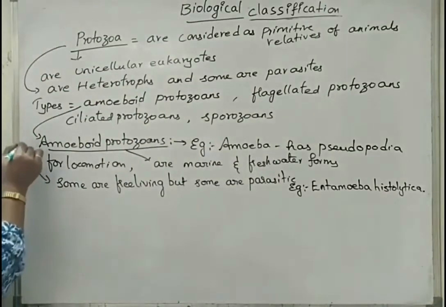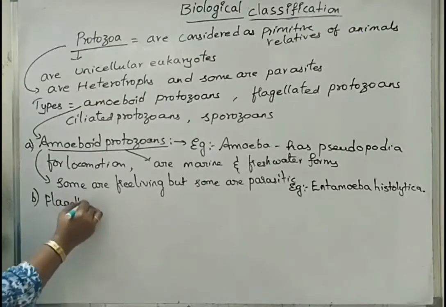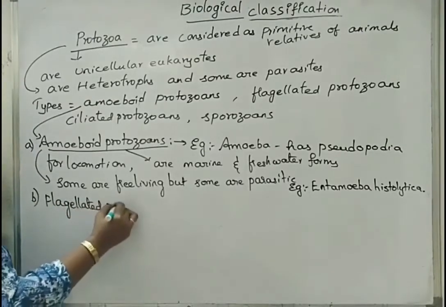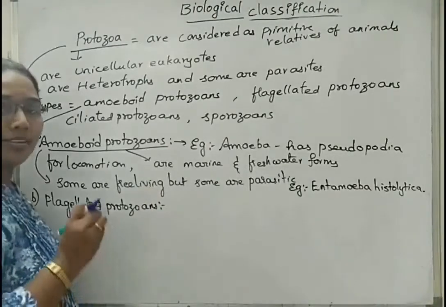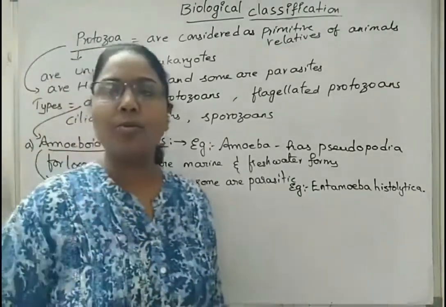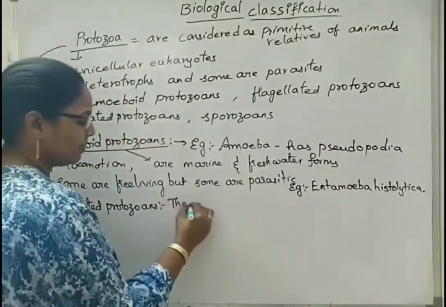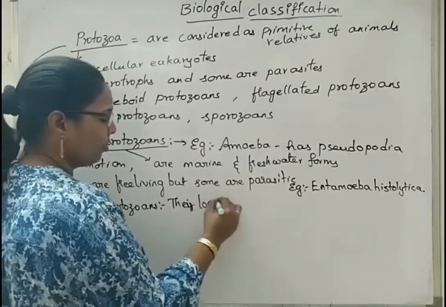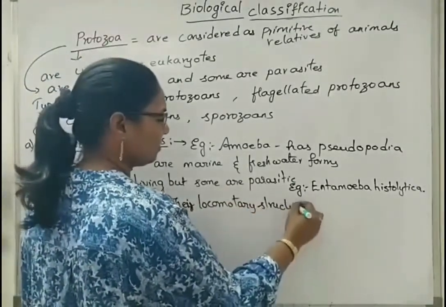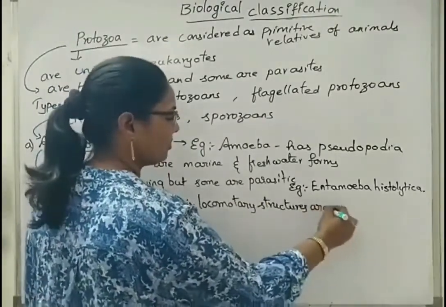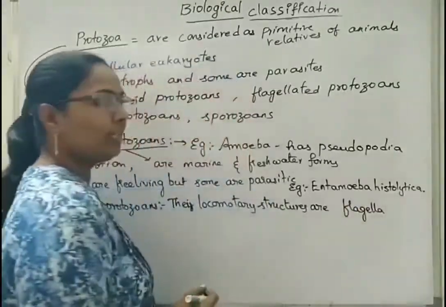Next one, the second, flagellated protozoans. Flagellated protozoans have locomotory structures called flagellum or flagella, which are made up of the protein flagellin.